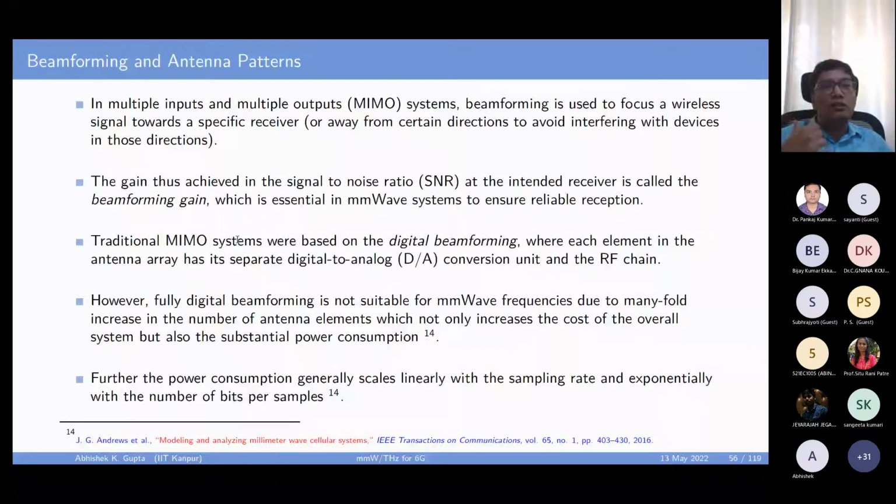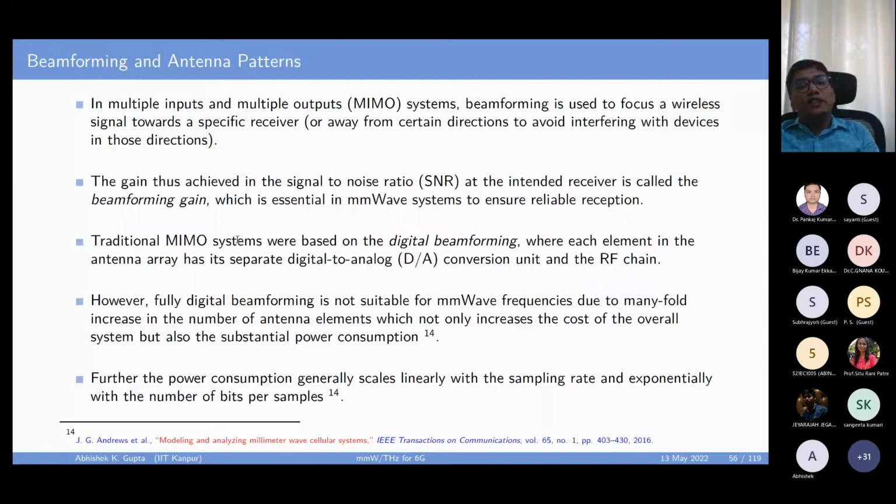When you have IQ symbols, you use the RF chain to convert them to an actual physical signal. Now, this means that if you have 6 antennas, you require 6 different RF chains because you need to be able to modify each of the signals being sent to each of the antennas.